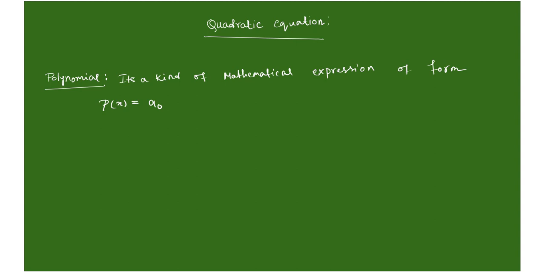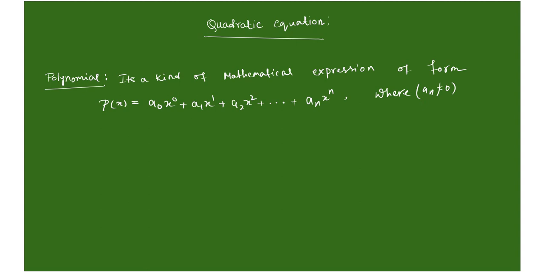a0 plus a1 x to the power 1 plus a2 x squared, up to an x to the power n, where an is not equal to 0. The main condition is that an is not equal to 0, because this is a polynomial of degree n.